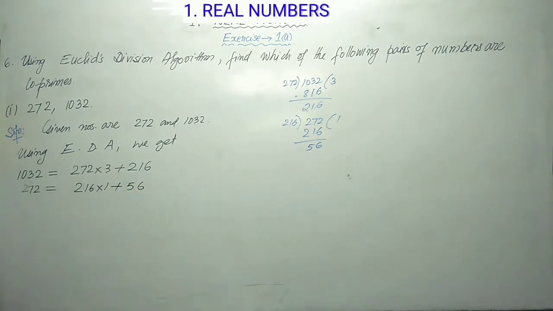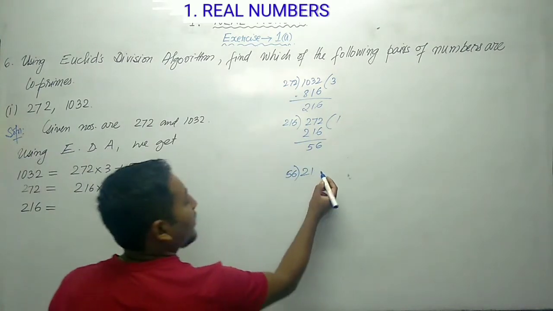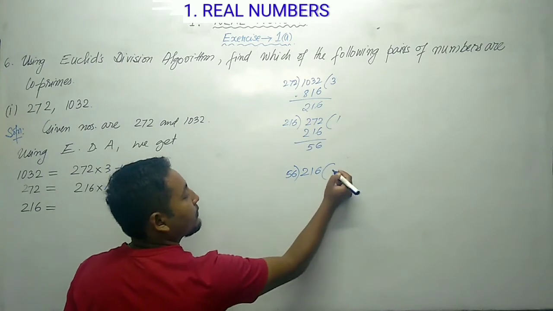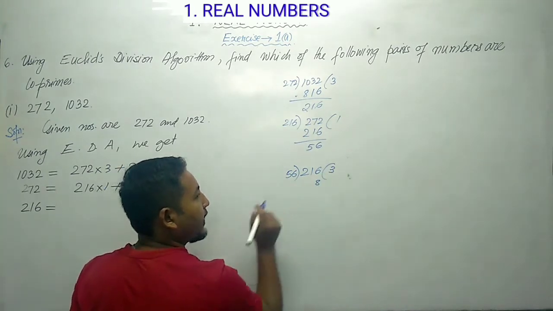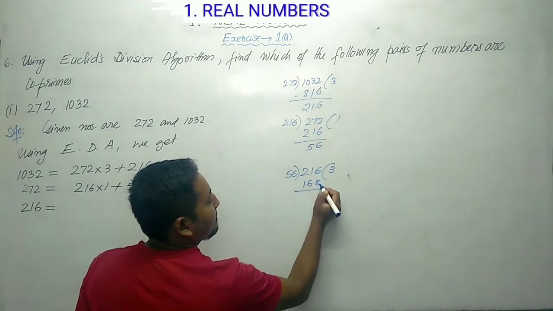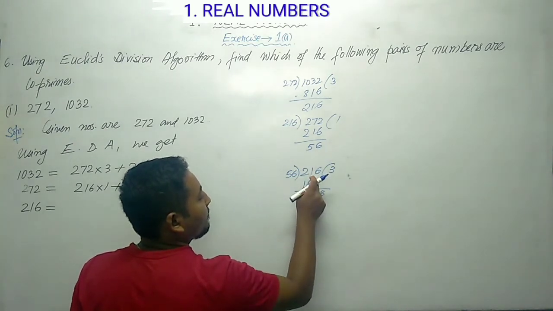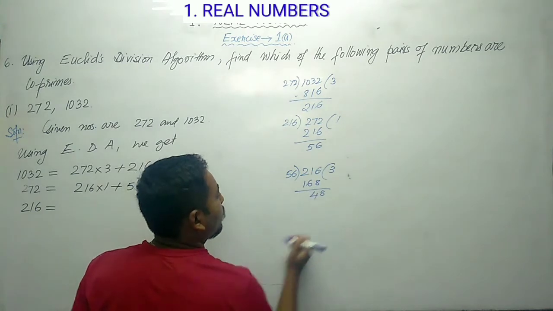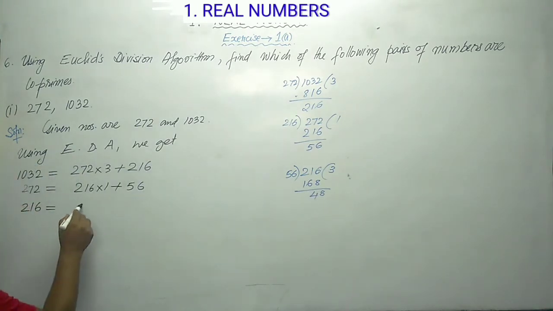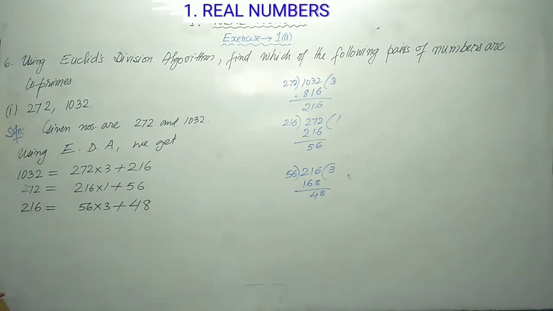Again, let us divide 216 by 56. 56 3s: 6 3s are 18, carry 1. 5 3s are 15 plus 1, 16. 16 minus 8 is 8. This is 0. Now 10 minus 6 is 4, 48. So you can write down 56 into 3 plus 48. Still not 0, go for next.